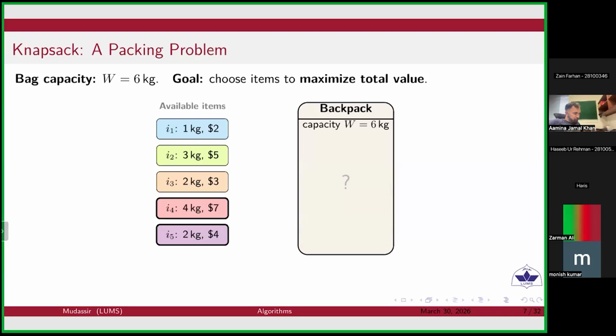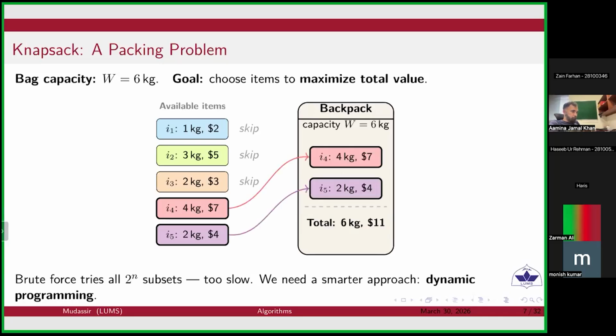In this case I'm not sure whether it works in this particular example or not, but generically we know that it does not work. Let's see what the solution is for this one. I think you can pick the last 2 items, right? And that's going to be your capacity: 4 plus 2 is 6, and you get $11 worth of items, which is good value, right? Yeah.